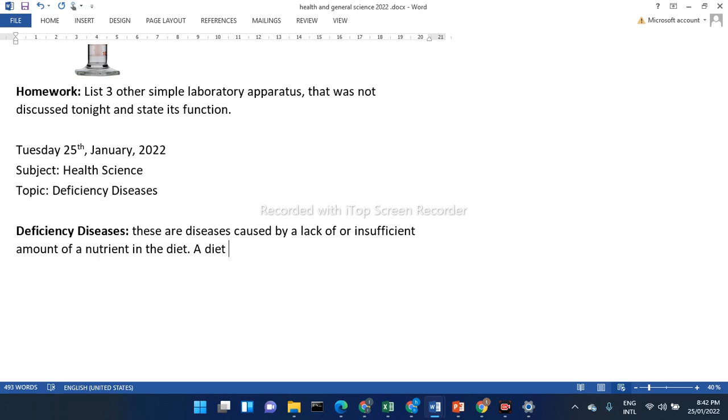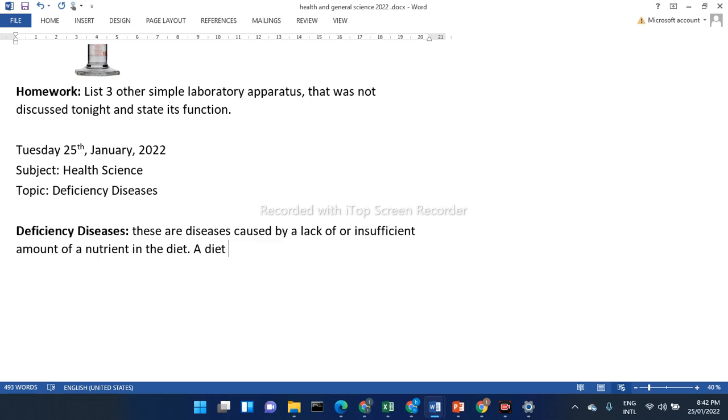If someone says they have a plant-based diet, that means that's the way they eat. They eat things from plants. If someone says they have a meat-centric diet, that means their diet consists mostly of meat. Those people are called ketone dieters. A ketone diet is high in protein, strictly meat.